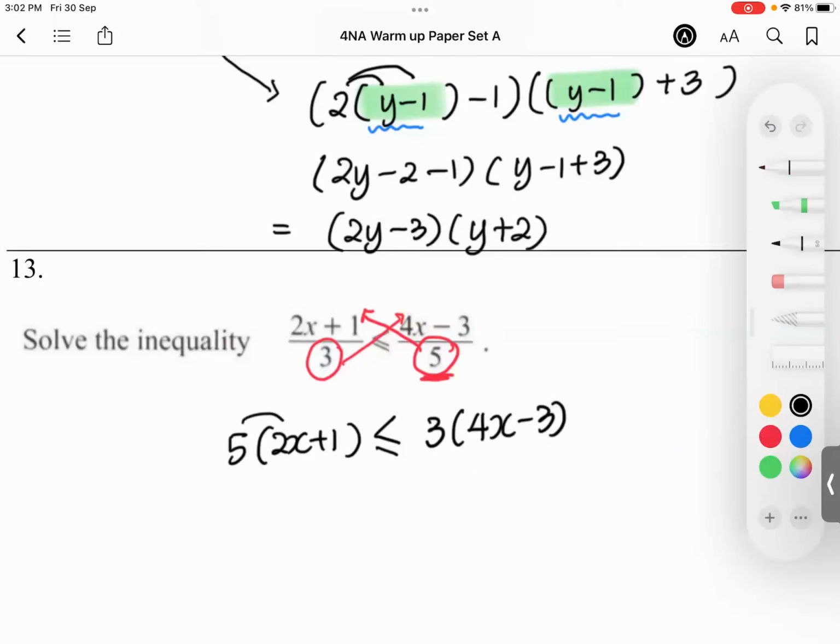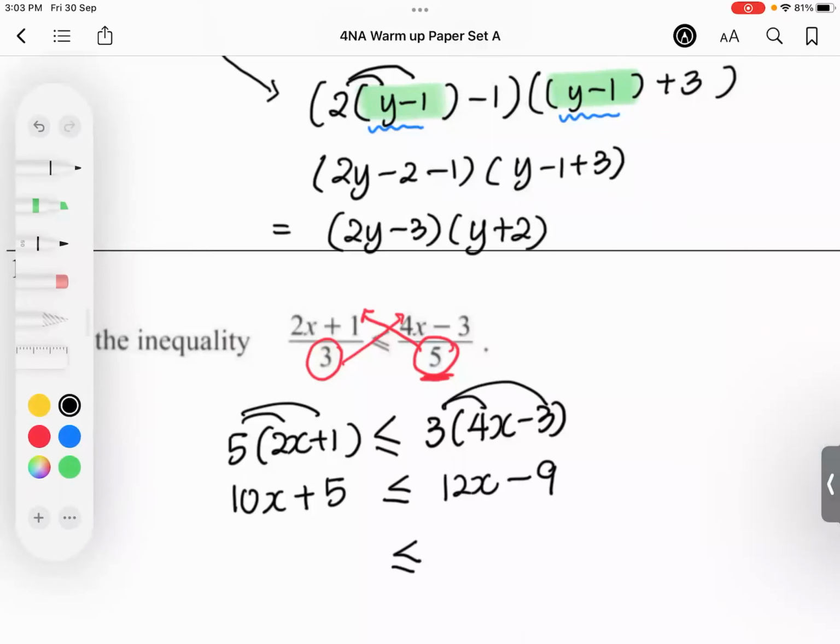You'll get 10x plus 5 times 1, 5, then 3 times 4, 12x, and this one will be negative 9. Please take note. Once we have this, we group all the terms. When we are only doing addition and subtraction, plus or minus, we are shifting things around, so there is no change in the inequality sign.